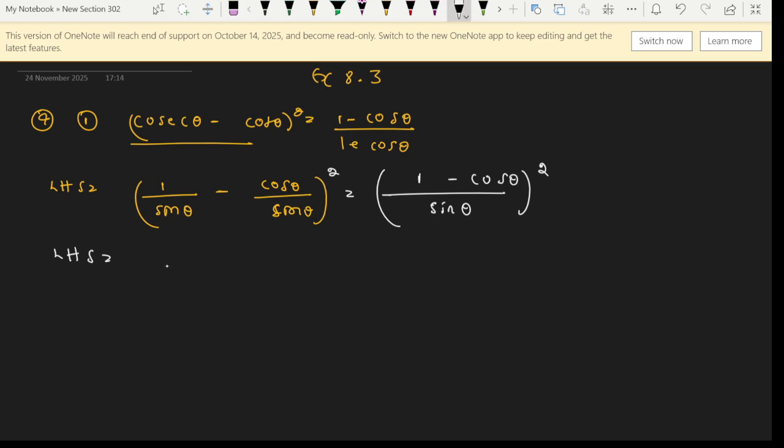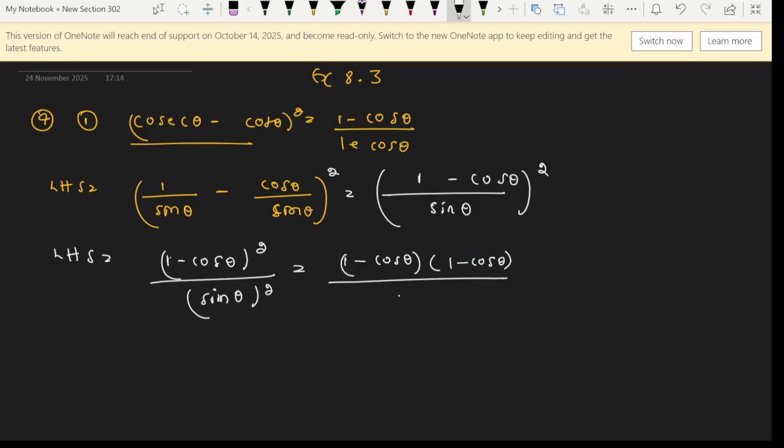Now start expanding (1 minus cos theta) whole square divided by (sin theta) whole square. This is nothing but (1 minus cos theta) into (1 minus cos theta), and sin theta whole square, always remember, will become sin square theta.